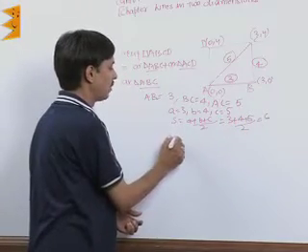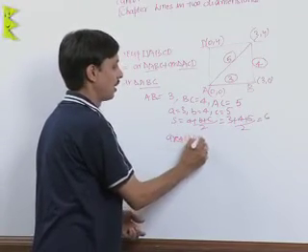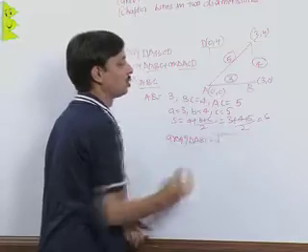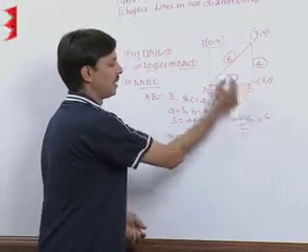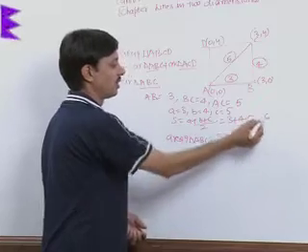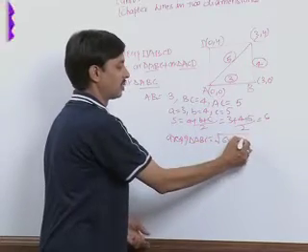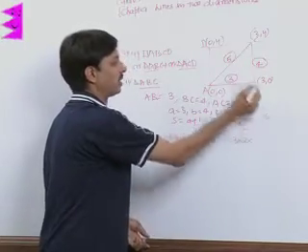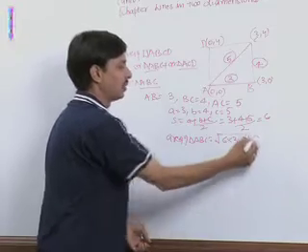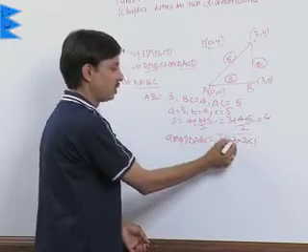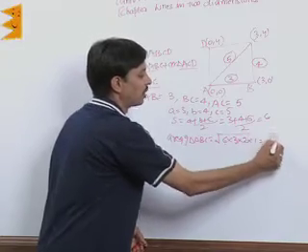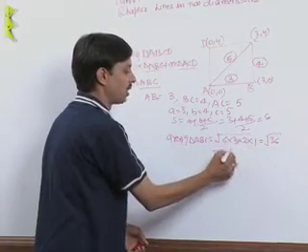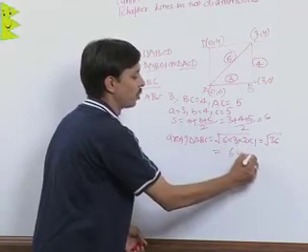So the area of triangle ABC is equal to the root of s, that is 6, times s minus a, 6 minus 3, that is 3, s minus b, 6 minus 4, that is 2, s minus c, 6 minus 5, that is 1. So 6 times 3 is 18, times 2 is 36, times 1 is 36, root of 36. So the area of this triangle becomes 6 unit square.